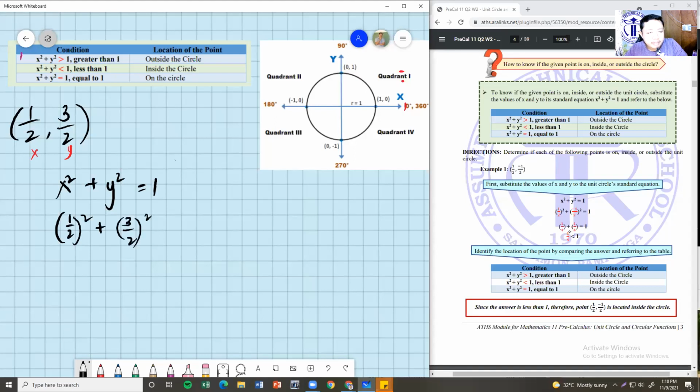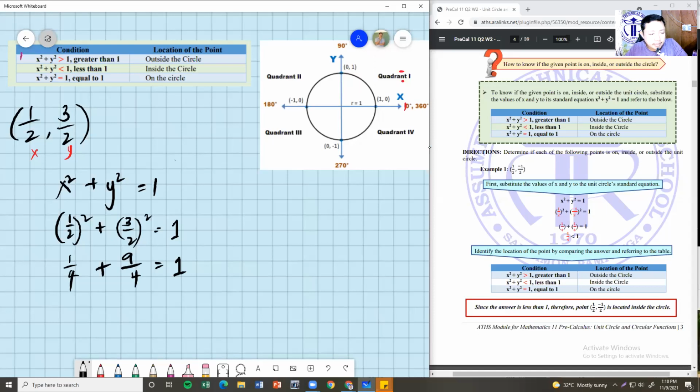If you're having difficulty solving manually, you can seek the help of your calculator. That's not a problem. So 1/2 squared is 1/4, because some of you might be having problems squaring fractions. But I would appreciate it if you do it manually as well, so you get used to it. Plus the square of 3, that's 9, and then the square of 2, that's 4, is equal to 1.